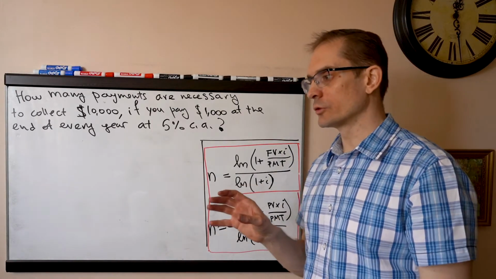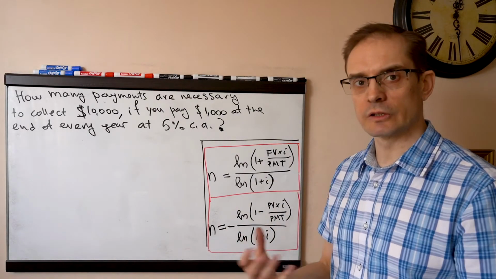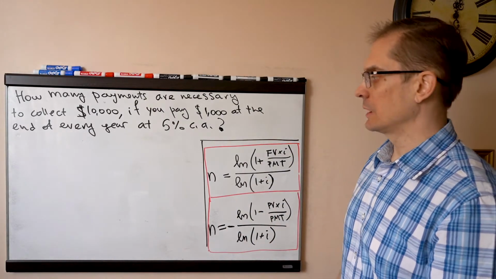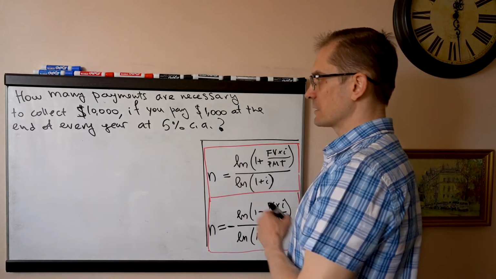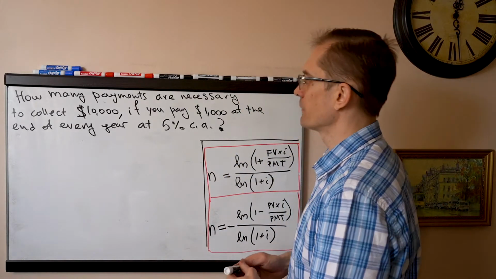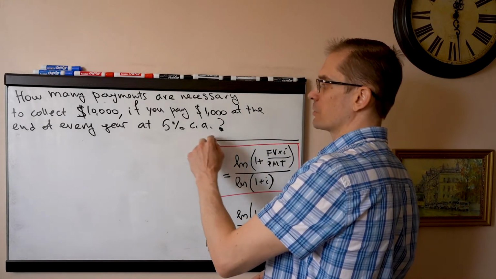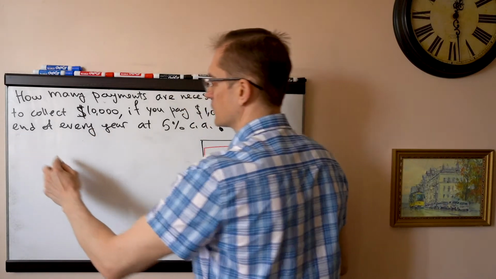But in order to really appreciate what that means, we need to consider various examples surrounding this topic. In this case, we know that the annuity is ordinary simple because the rate is compounded annually, the payments are every year, and also the payments are at the end of every year.